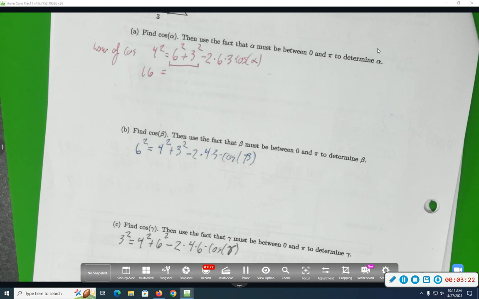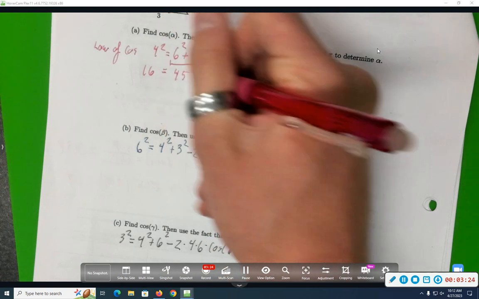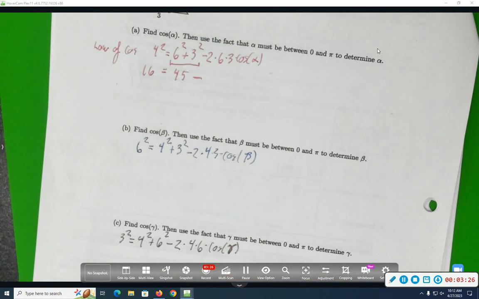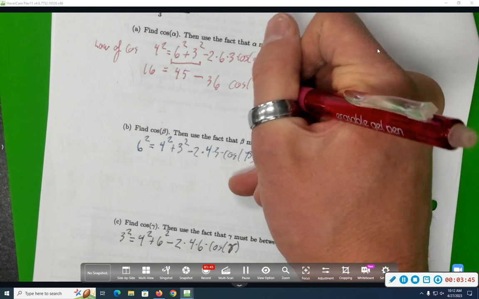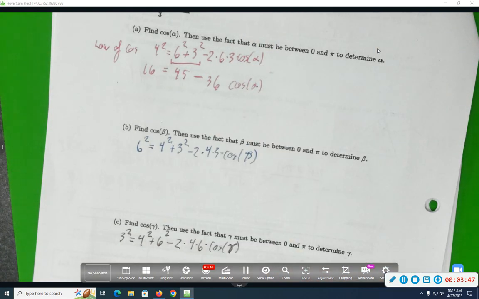Yeah, I think it does. Minus 2 times 6 times 3 is 36. And then there's a cosine of alpha. So step 1, simplify the things you can simplify.